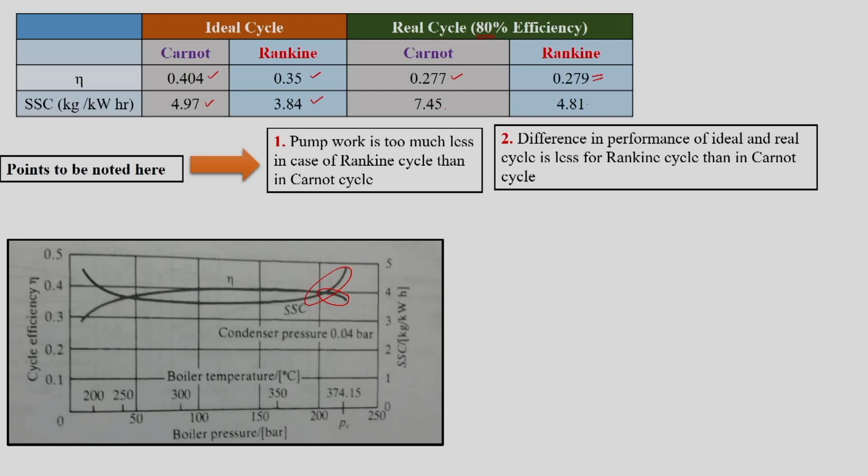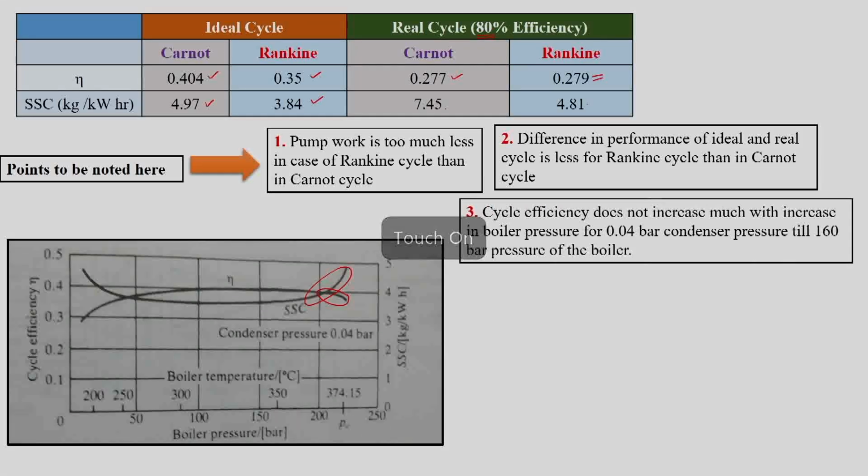We have to keep one thing in mind, that we are solving this for the same condenser pressure of 0.04 bar, and we are saying that the turbine inlet is the dry saturated point. Here, the cycle efficiency of the Rankine cycle is not changing much beyond 160 bar. It has only a minor change in efficiency.